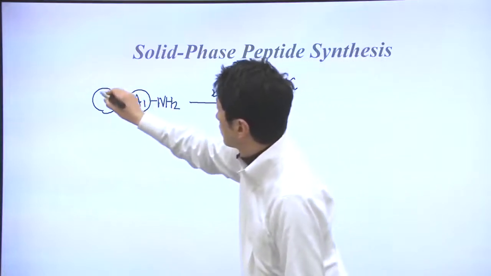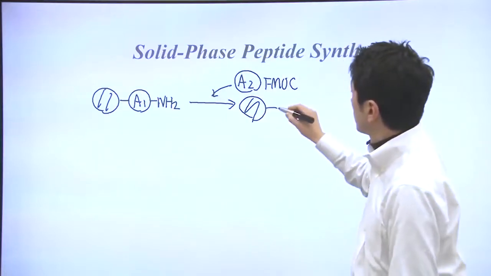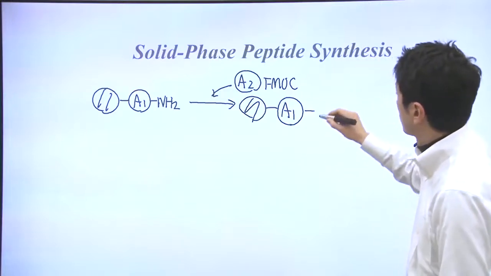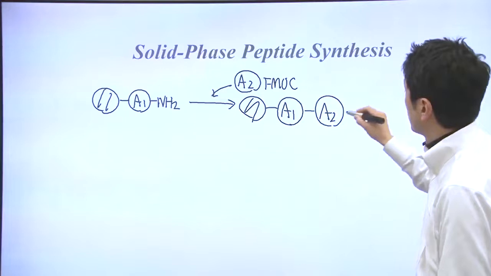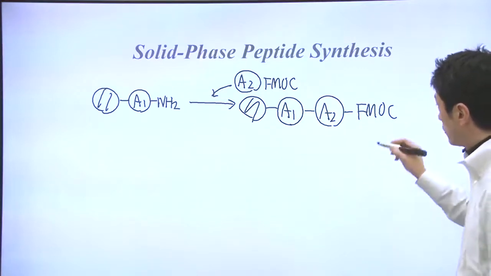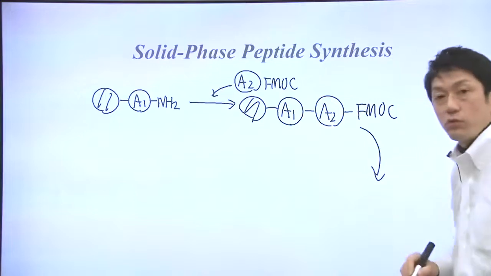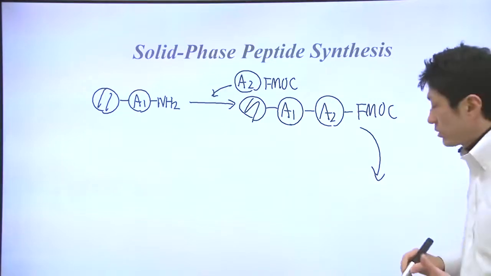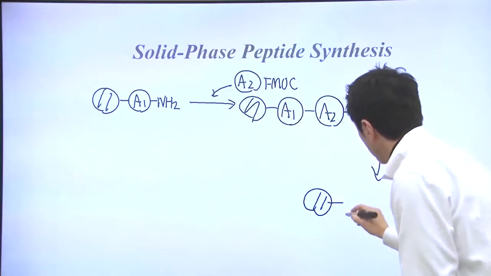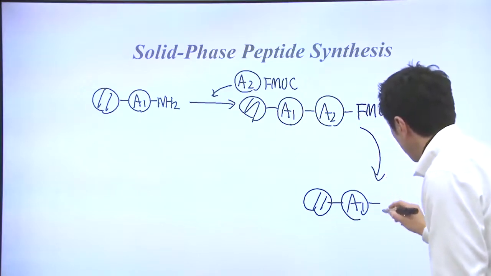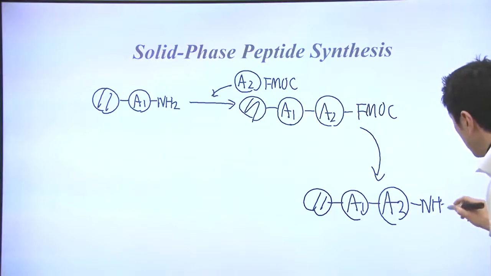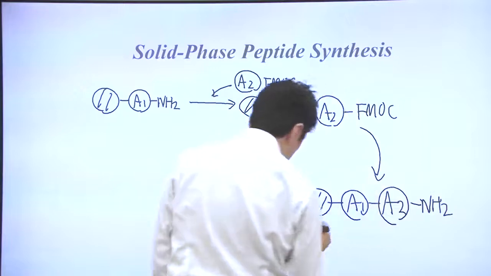Then you can get a dipeptide protected with FMOC. You can remove FMOC by a weak base, like piperidine, then you'll get a free amine. Now it's ready for the next coupling.